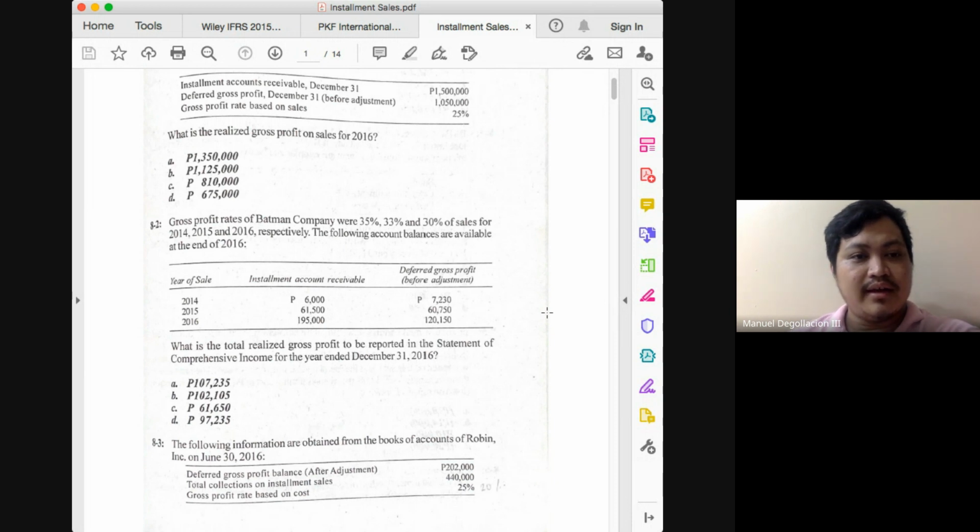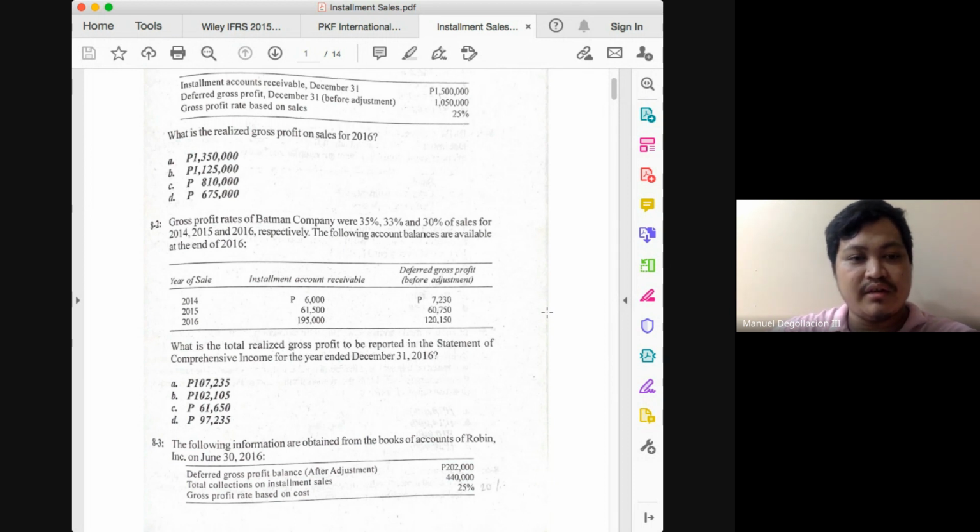Okay, and basically we're given the balances of these sales transactions as of the end of 2016. So the 6,000 that you see here represents the ending balance of your 2014 sale as of the end of 2016. The 61,500 here represents the balance of your 2015 transaction as of the end of 2016.